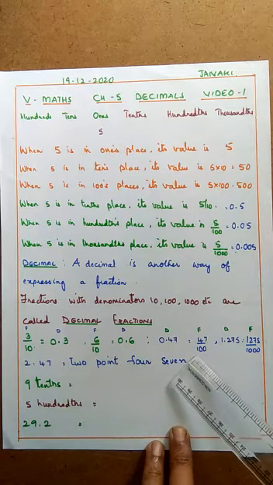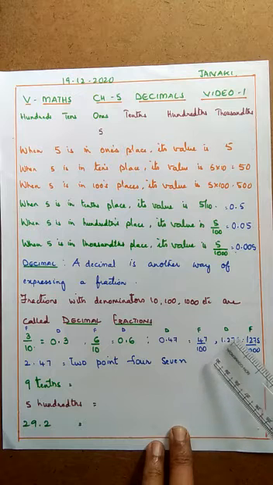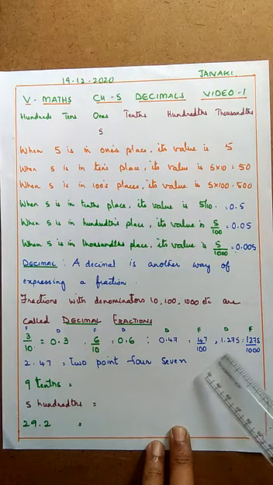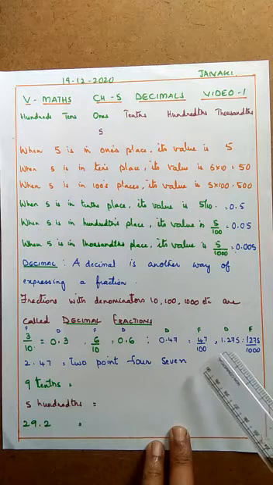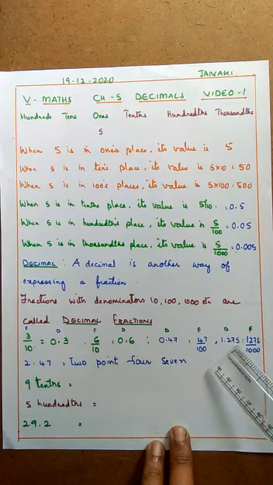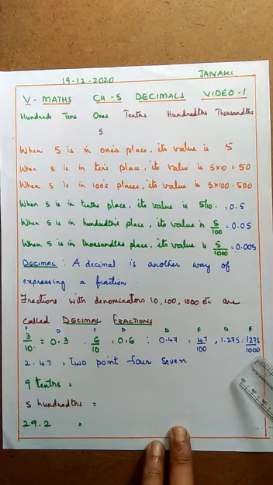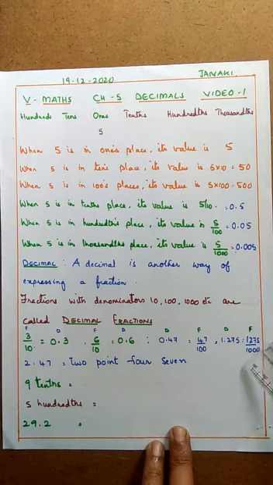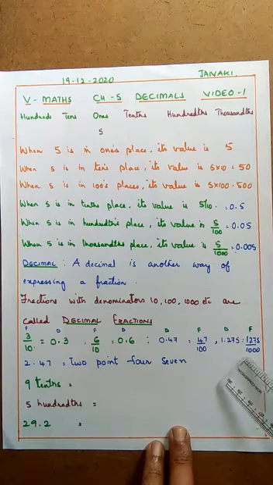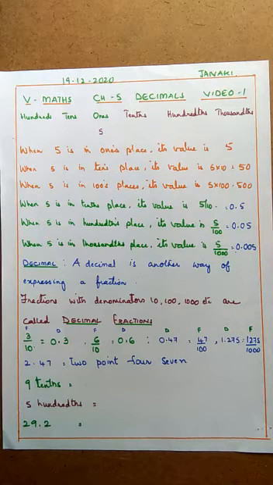Now 1.275 can be written as, first remove the decimal and write 1275, and after the decimal you are having 3 places, so 3 zeros. So you have 1275 divided by 1000. So we can express the decimals as fractions and fractions as decimals.